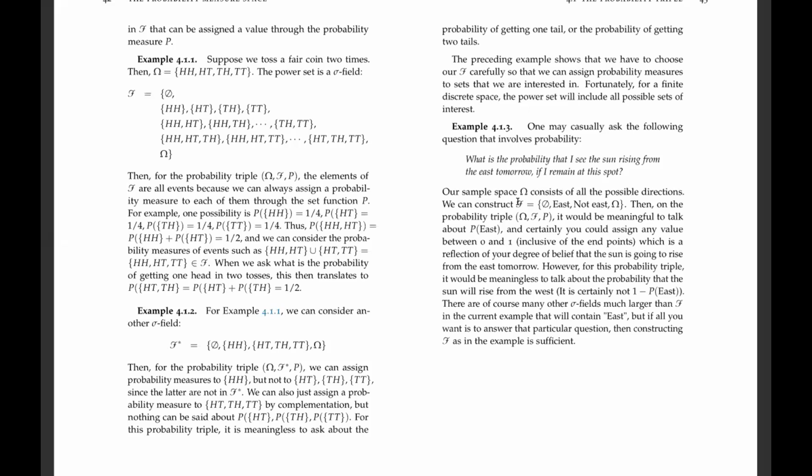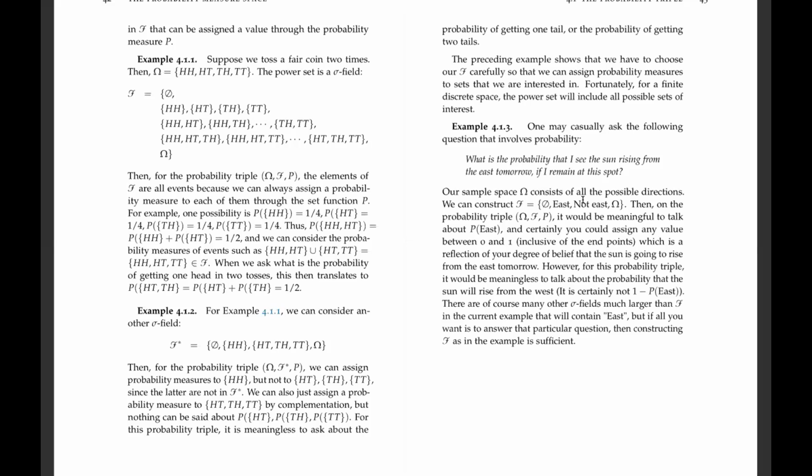Just construct your F to be the following. This is definitely a sigma field: the empty set, the omega, and then you have east and not east. You just lump everything together. The complement of east is not east. So this is a sigma field.